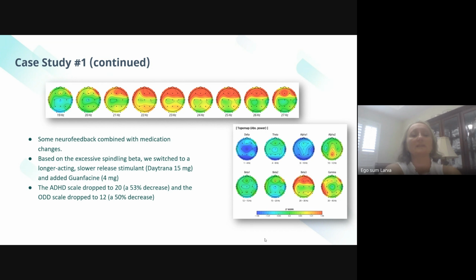So initially, this kid was taking Cotempla, which is an extended release methylphenidate or Ritalin medicine, as well as sertraline, which is Zoloft, which is an SSRI medicine. And so he had a lot of that fast activity, a lot of spindling beta. And so we kept him on a stimulant, but we changed it to Daytrana, which is the patch version of methylphenidate.